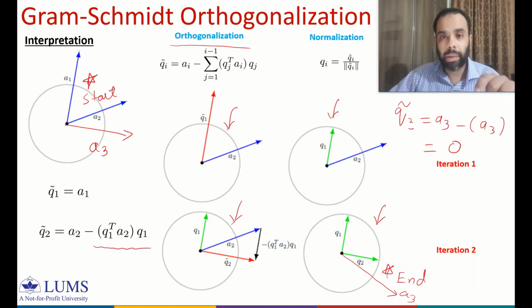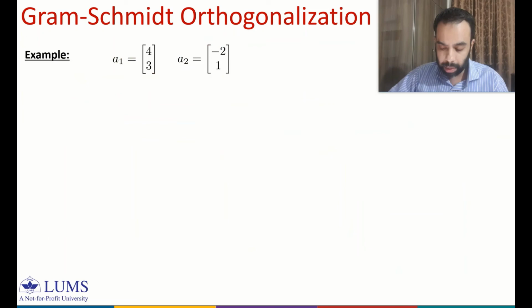Let me also try to explain this with the help of one numeric example. We take two vectors in R2: A1 is (4, 3) and A2 is (minus 2, 1). The two vectors are linearly independent because A2 is not a scalar multiple of A1. We want to carry out Gram-Schmidt orthogonalization.